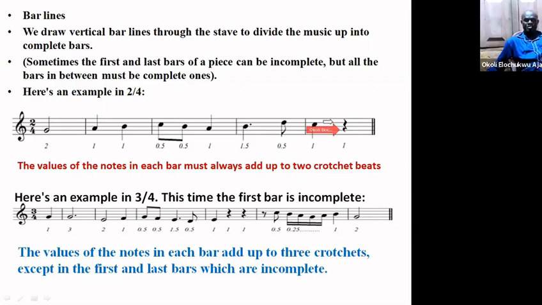So the measure, as per this time signature, must contain 2 crochet beats in a bar. That is why here you only have a minim. You have 1 note here, a minim, and it has covered the value required in this bar, which is 2 beats. Now here you have 2 crochets, 1 and 2.